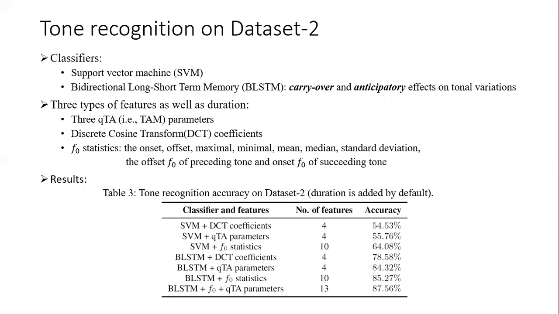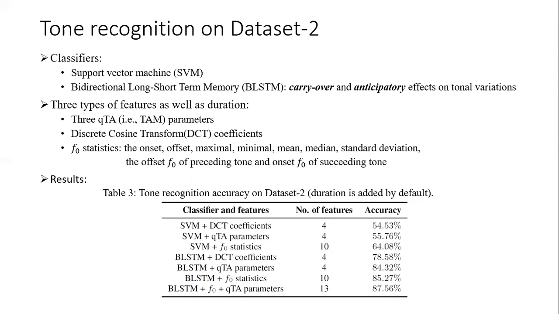In addition to QTA parameters, for each syllable, we applied a discrete cosine transform to the original pitch contour, and then selected the first 3 coefficients as the second type of features. We also calculated F0 statistics as the third type of features.